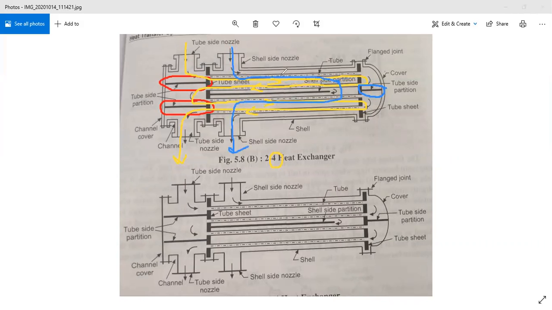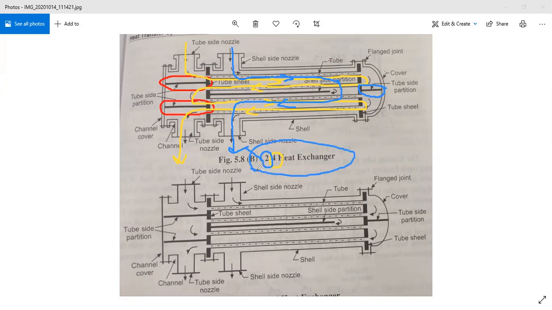Now if you observe, when it flows in such a way, that is one pass and this is another pass, and that is why this number indicates 2. So this 2 indicates there are 2 shell side fluid passes, and this 4 indicates there are 4 tube side fluid passes, and that is why this shell and tube heat exchanger is called a 2-4 shell and tube heat exchanger.